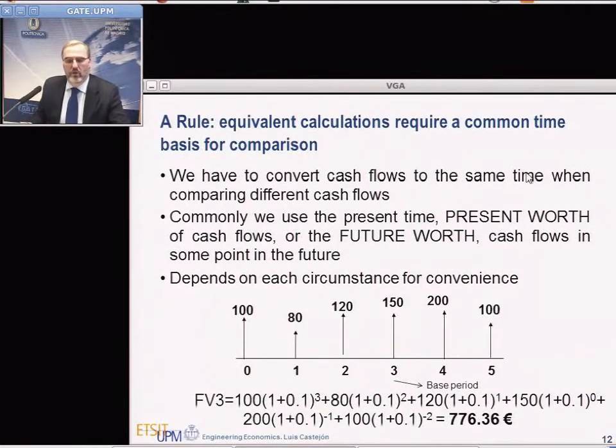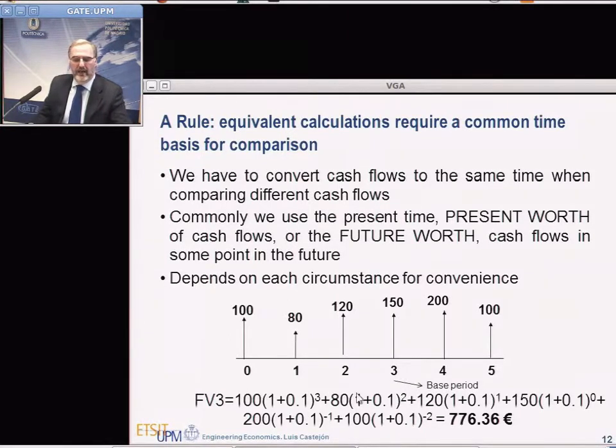Okay, so the general rule is that equivalent calculation requires a common time reference for comparison. So always we have to use the same time period for reference.